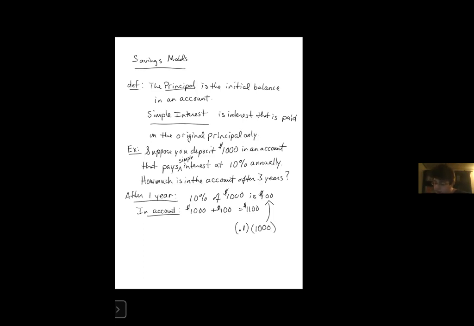So let's keep that in mind when we're figuring this out after 3 years. So after 3 years, how much interest is earned? So I'll block it off like this into 2 sections. Interest earned. How much interest is earned? Well, we take this $100, but mathematically we arrived at that $100.